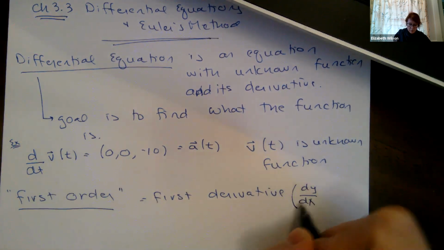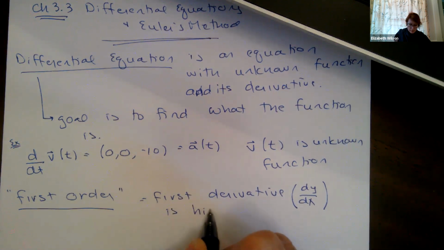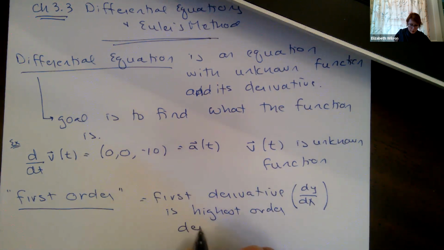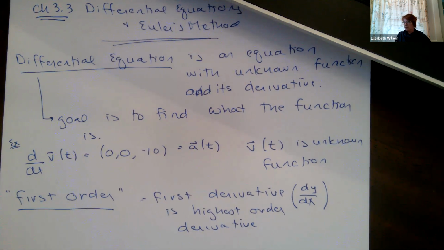The first derivative is the highest order derivative. In theory, for some functions I can take the second derivative, third derivative, fourth derivative, and go on and on. Some functions have an infinite number of derivatives. So it's helpful to ask what's the order of this differential equation? We look at our highest order derivative term.